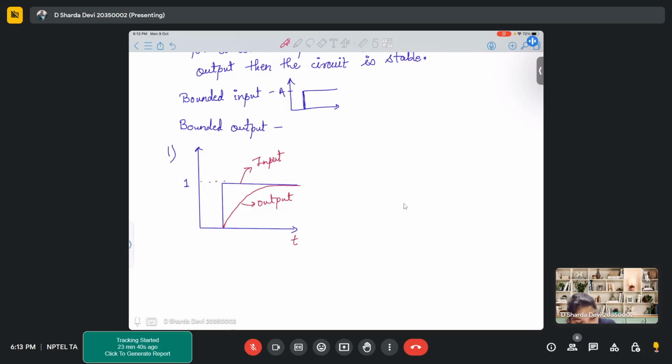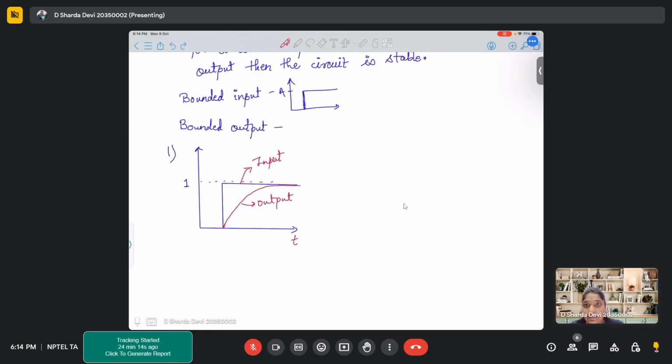No. See, when we are talking about bounded input or output, we are majorly talking about your amplitude, correct? So here, if you observe, the amplitude of your input was 1, which was a constant value, correct? Now what is happening? Your output is also increasing and trying to reach that single value of 1.